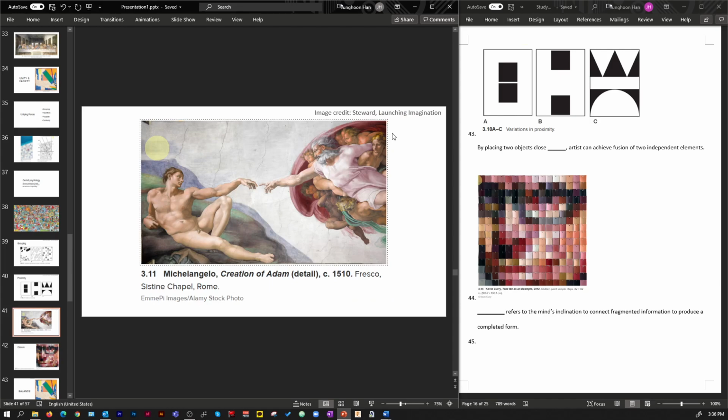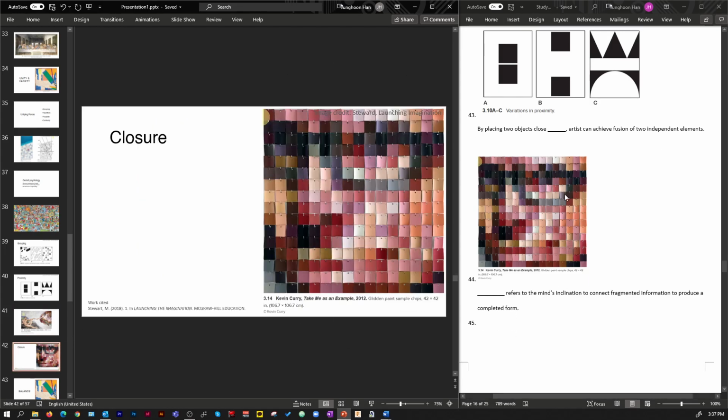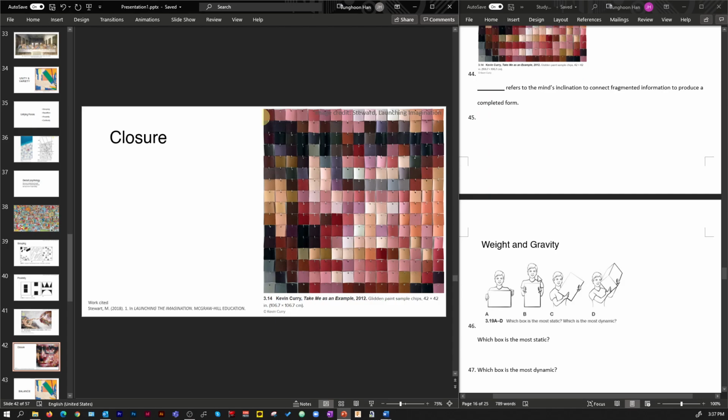Another good example of using proximity, both visually and conceptually, is Michelangelo's Creation of Adam. Notice how this close proximity, this shot right here, is such a strong visual and conceptual element of this work. Closure refers to the mind's inclination to connect fragmented information to produce a completed form.